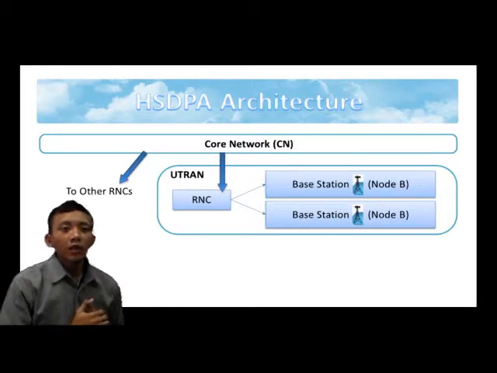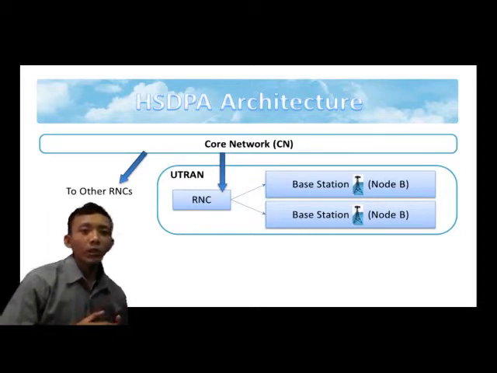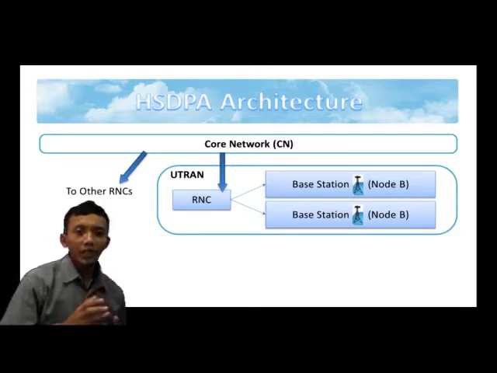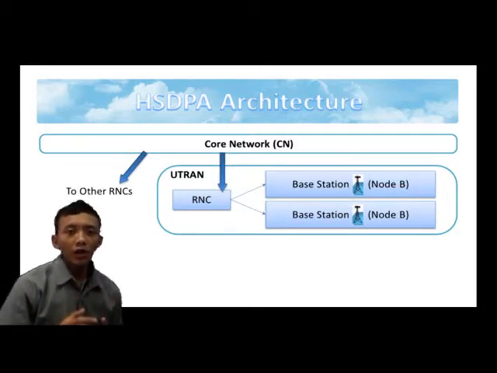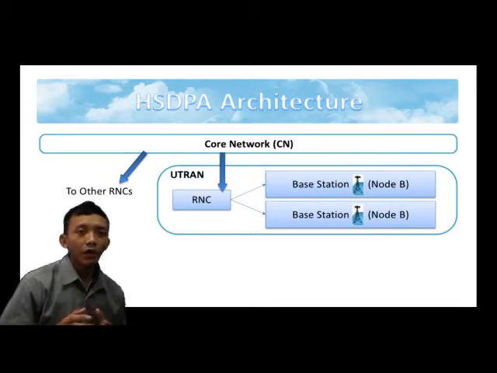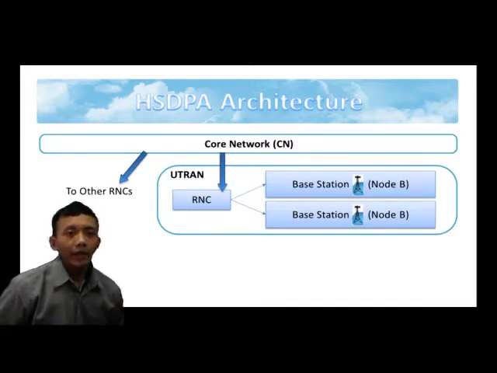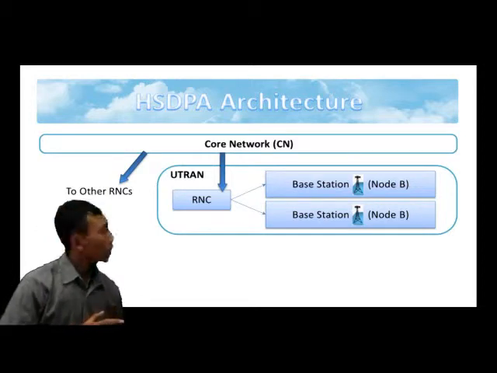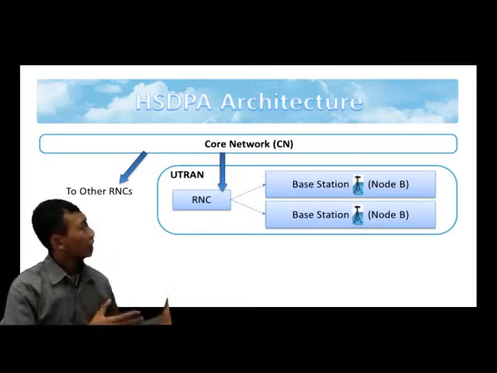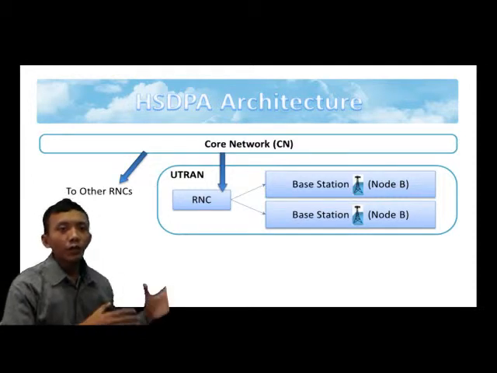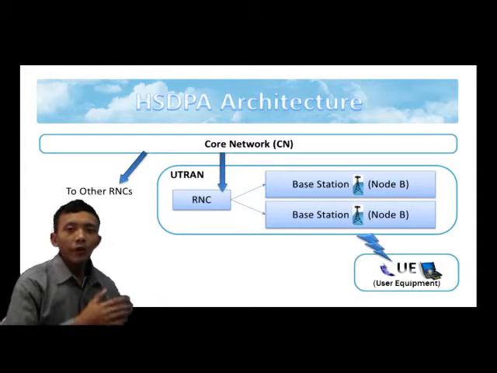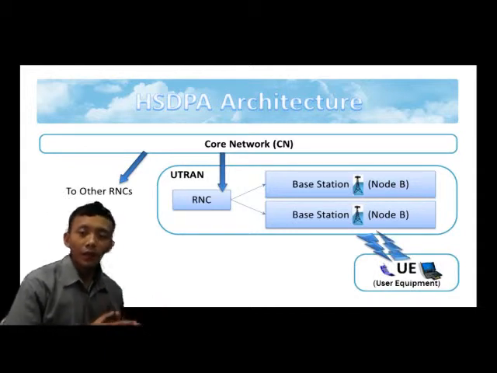And then all are associated with radio control functions within UTRAN, and UTRAN connects to an external network or other UTRAN via the CN, or core network. And then Node B provides a physical channel between the UE and UTRAN. UE is the terminal of UMTS associated with the radio interface of UTRAN and the user application.